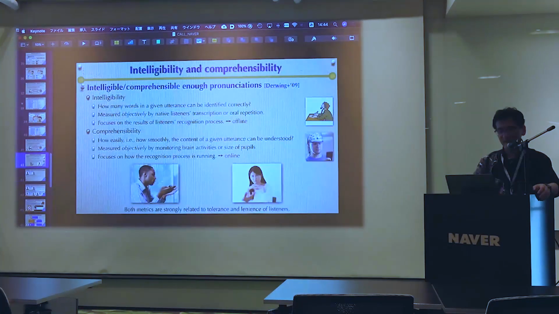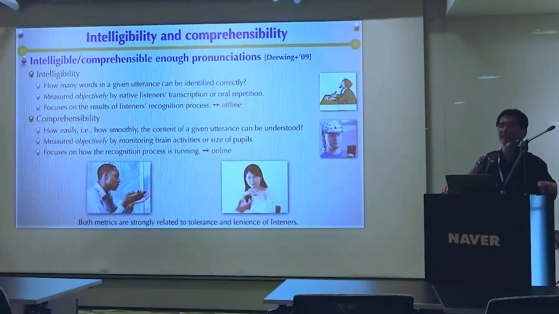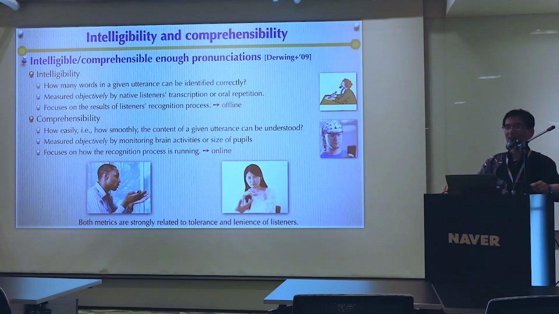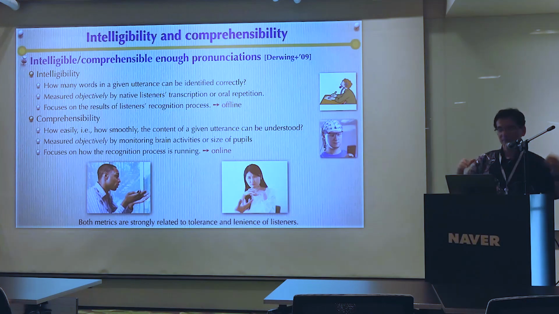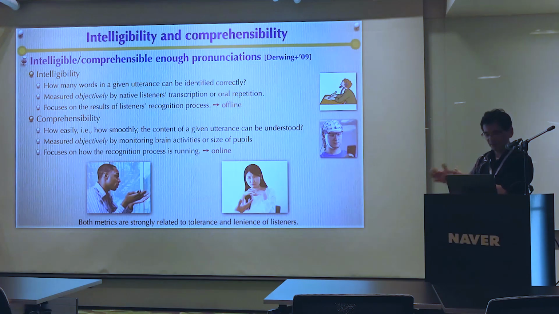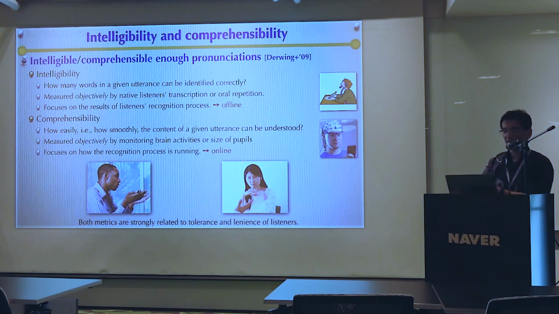One idea is that shadowability is online intelligibility. In the first experiment, eight years ago, we presented Japanese English utterances to American listeners, who had to listen and repeat. Such results are often interpreted as oral intelligibility, but offline, because listeners can wait.